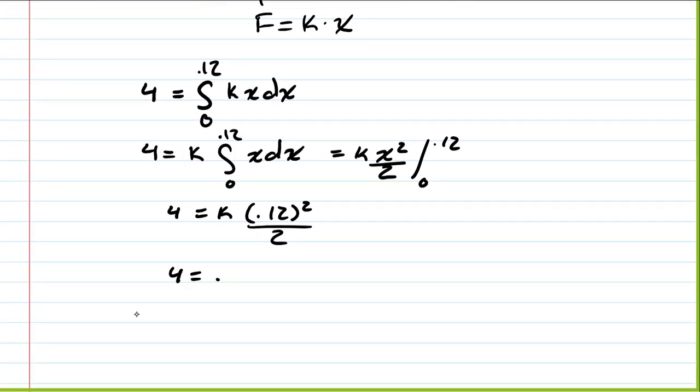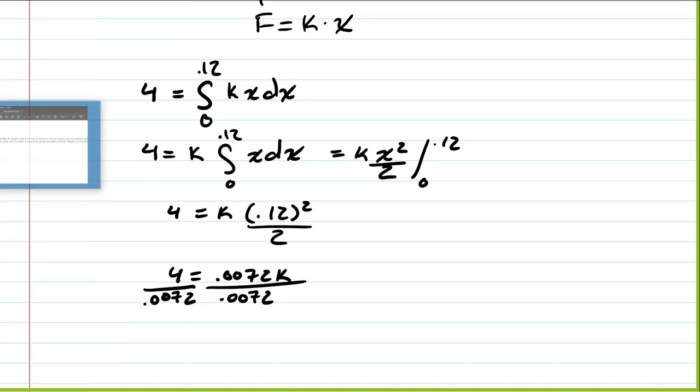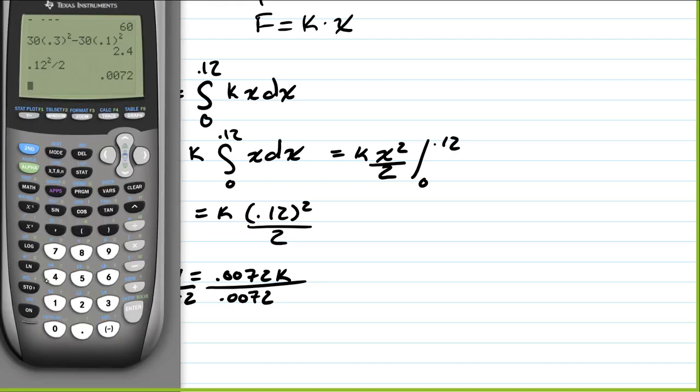So we have 4 equals 0.0072k, and we divide by 0.0072. So 4 divided by our answer from the previous line gives us this. Pressing math, we can turn it into a fraction, and we get 5,000 over 9.